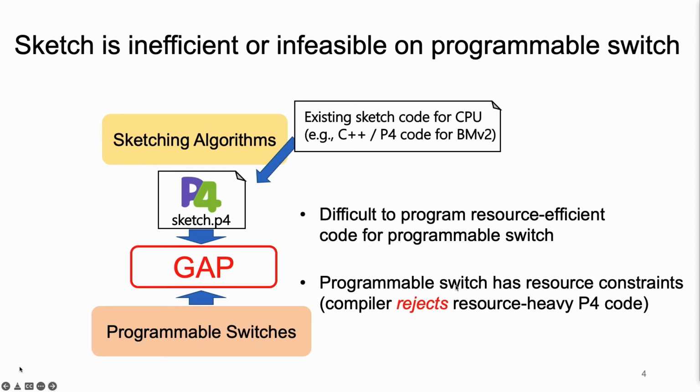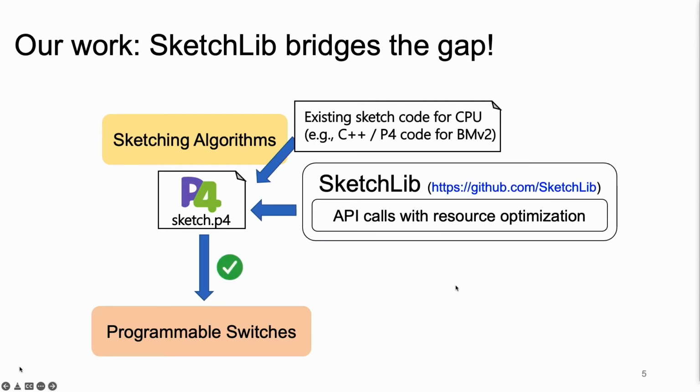However, it is difficult to program resource efficient code for programmable switches because it requires a detailed understanding of how sketch implementations put burden on programmable switches, and we need to figure out a way to reduce resources without affecting the accuracy of sketches. So the question here is that, can we bridge this gap between sketch implementations and programmable switches? And the answer is yes.